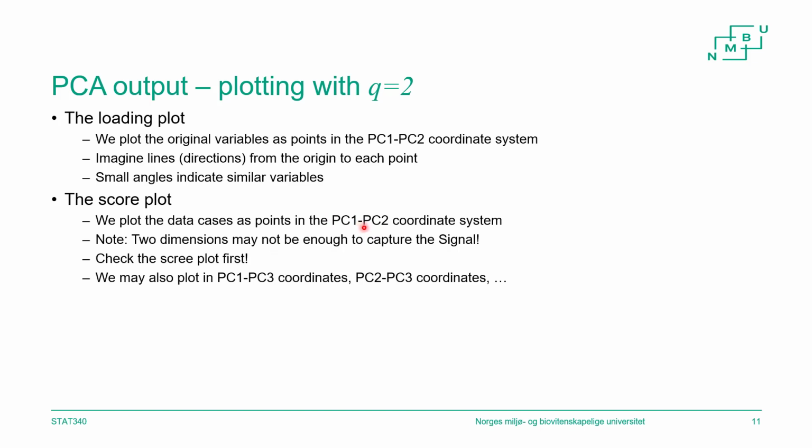There is something that you don't see in a PCA score plot, or also in a loading plot. So you should always check the scree plot first to verify that the first 2 components capture a lot of the variation. Otherwise it's not as informative. It's still some information, right? But it's less than if the first 2 coordinates contain a lot of signal.